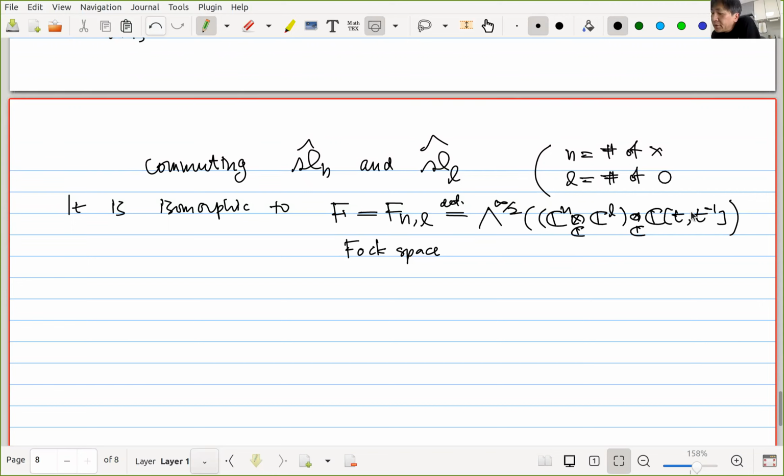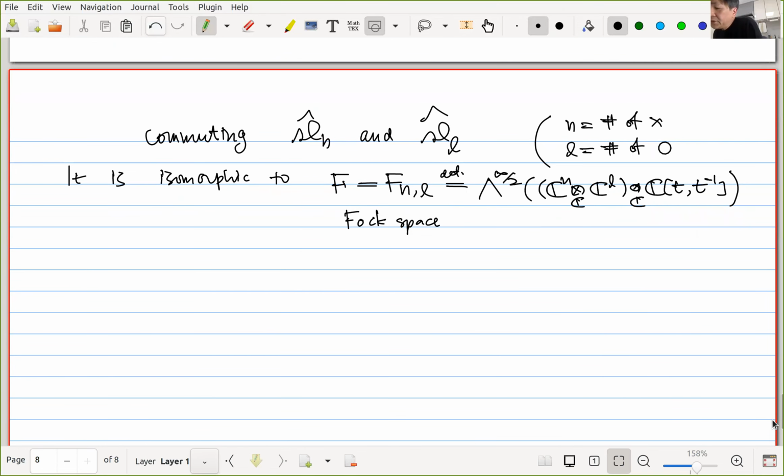Then you have the action of the affine SL_n by the usual construction. And if you instead consider C^L times Laurent polynomials, then you have the action of SL_L. So this is the Fock space on which you have the action of both SL_n and SL_L simultaneously.